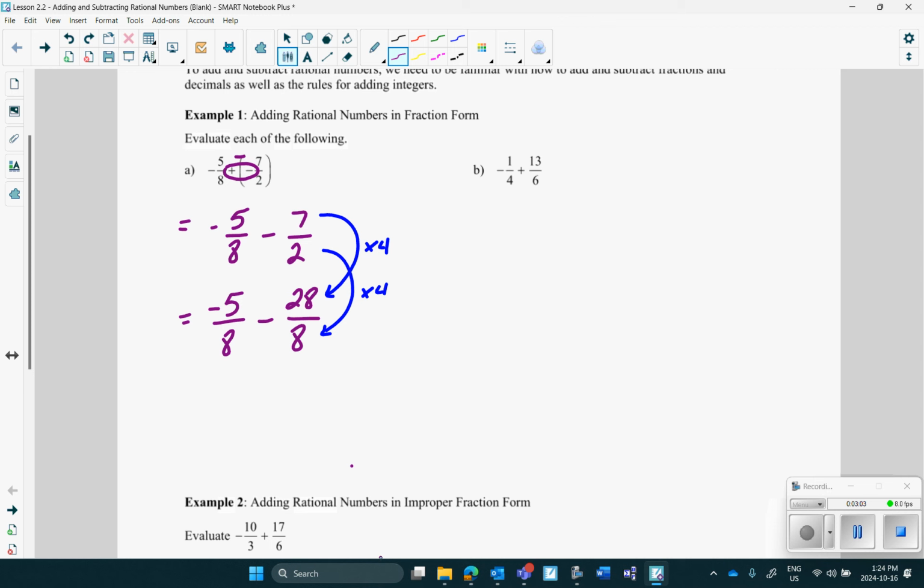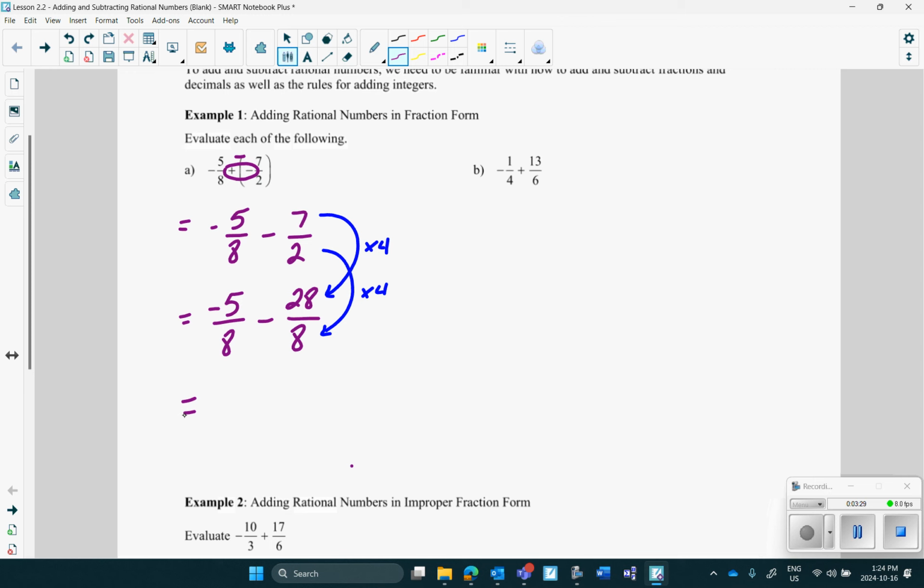And now we're ready to actually do it. And be careful. What is negative 5 subtract 28? Negative 5 subtract 28. And if you need to use a calculator, use one. Is it negative 5 or is it a minus and just negative? Oh, it's negative 5 minus 28.